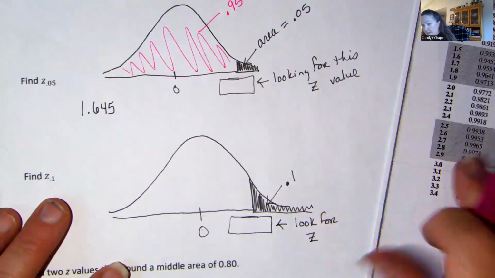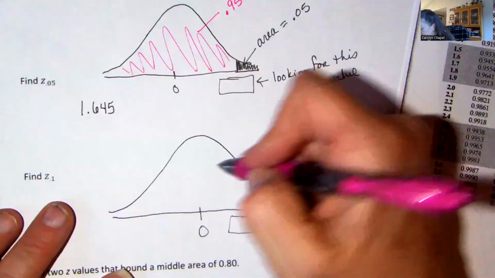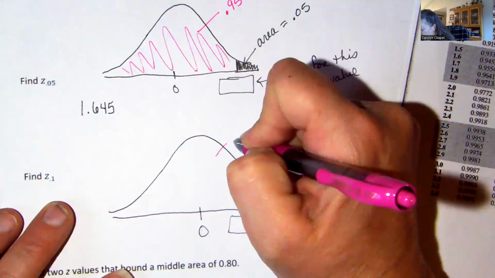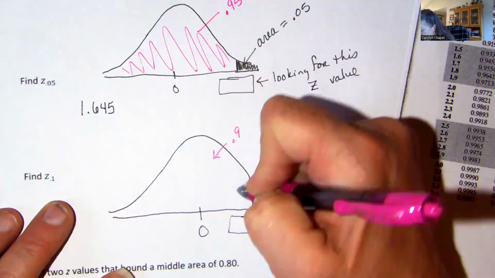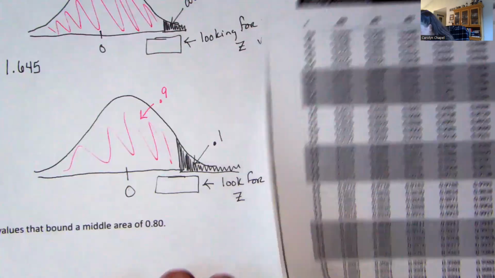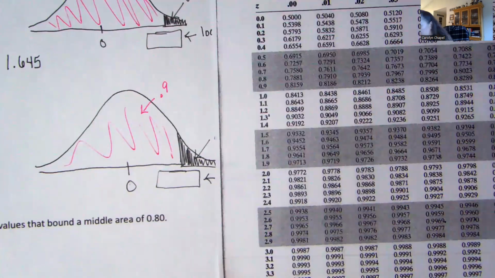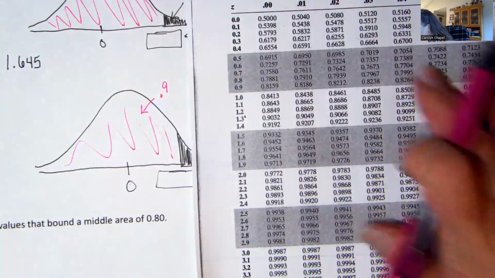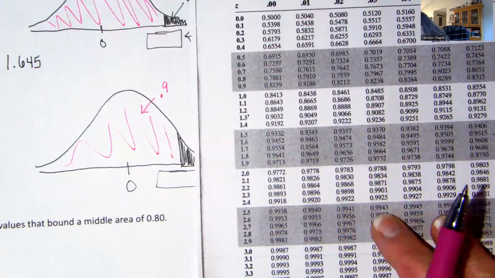Okay, table goes to the left. So this is 0.1, this is going to be 0.9 on this side. So I'm going to be looking inside my table, looking in my areas. These are areas for that 0.9.